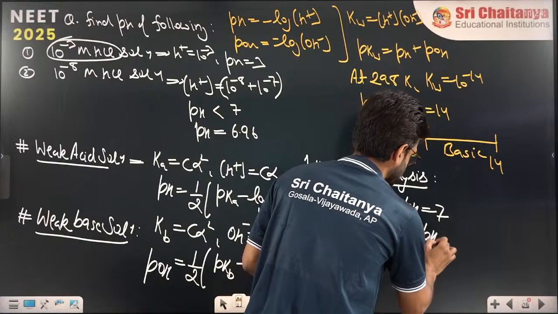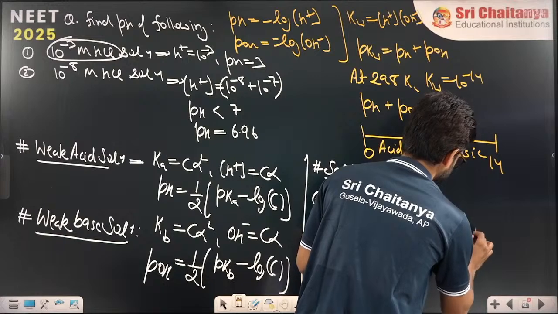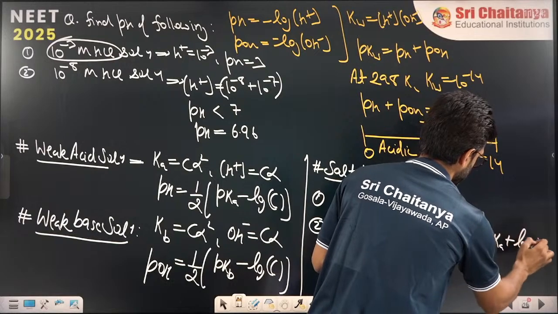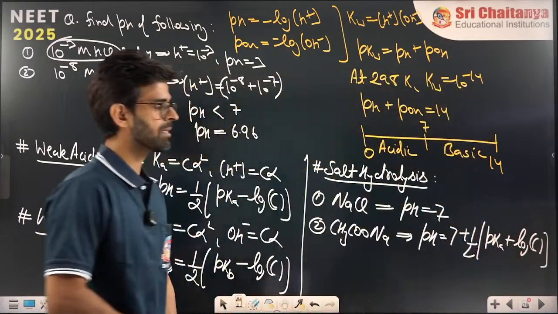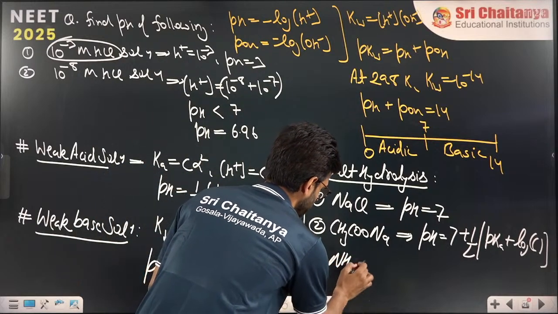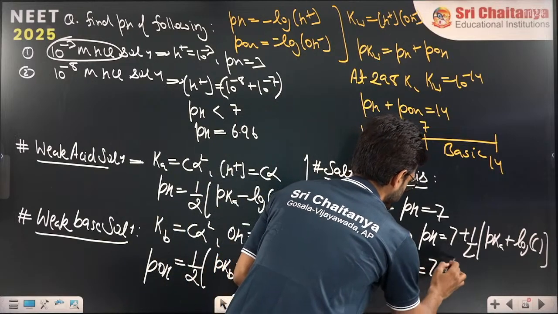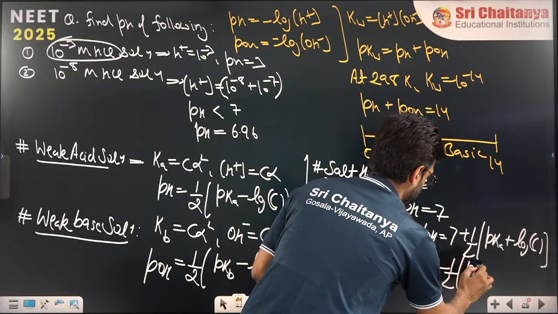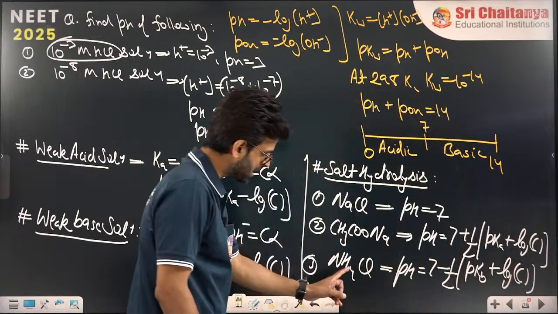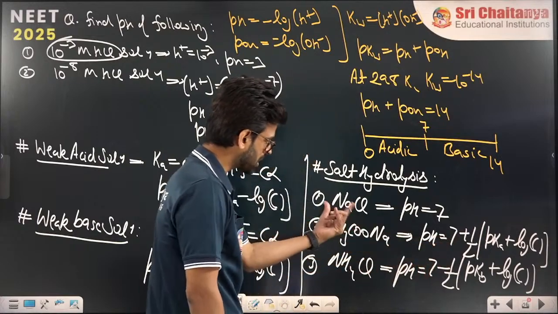What is pH in this case? pH is 7 plus half pKa plus log C. But if you take the salt of weak base, strong acid, then the pH formula becomes 7 minus half pKb plus log C. Why? Because here acid is strong, so less than 7. Here base is strong, so more than 7. Here both are strong, so 7.